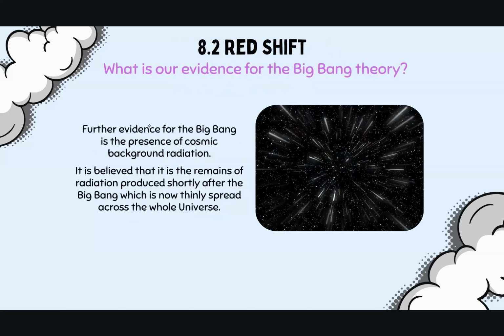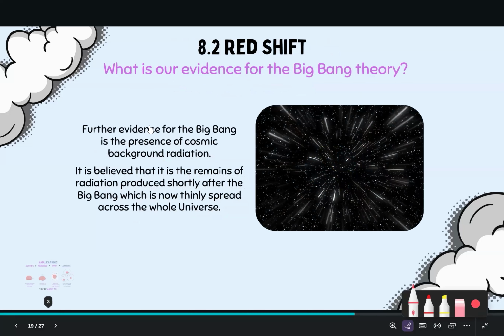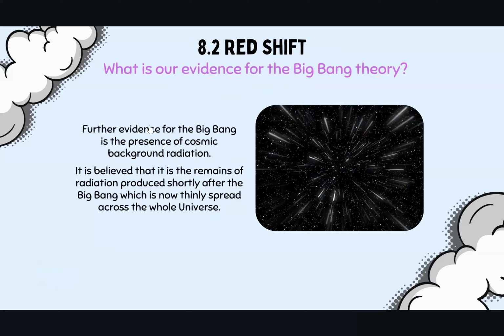Okay, redshift. What is our evidence for the Big Bang theory? Further evidence for the Big Bang is the presence of cosmic background radiation. It is believed that this is the remains of radiation produced shortly after the Big Bang, which is now thinly spread across the whole universe.